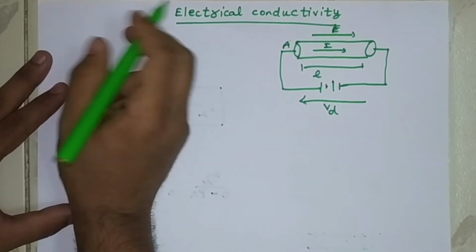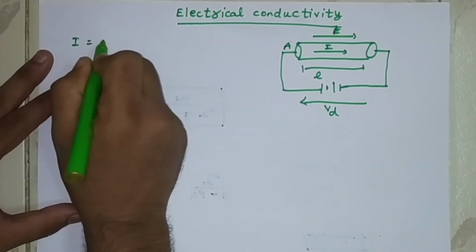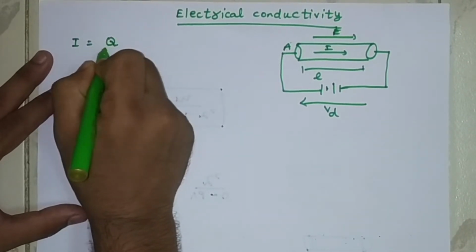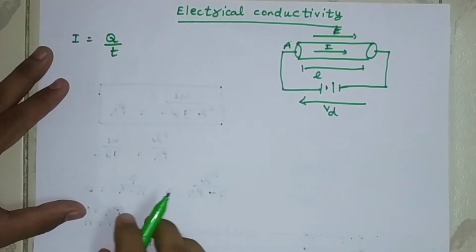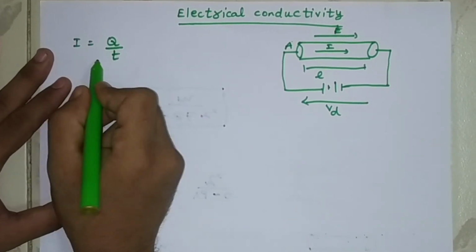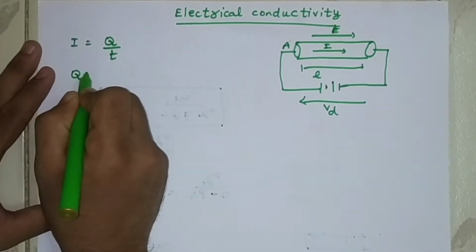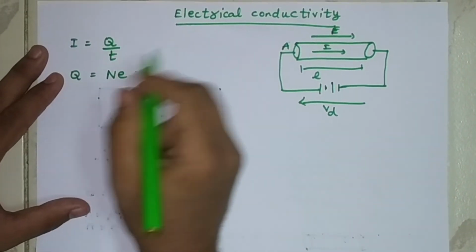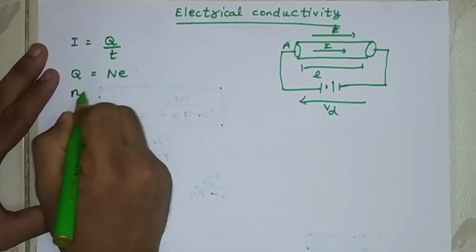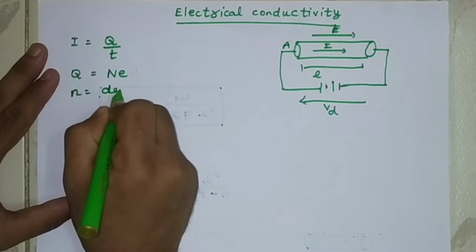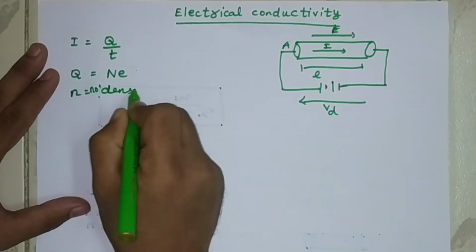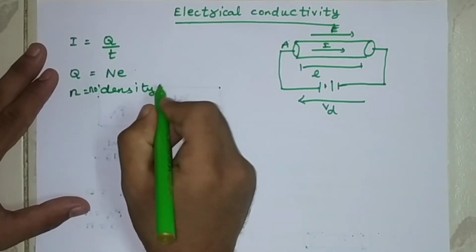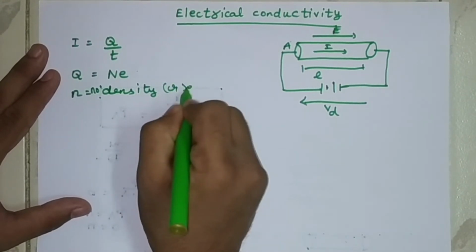So what is current? I equals flow of charge per unit time. What is Q? Q in the specimen will be n e, from quantization of charge, and let n be the number density or electron density.